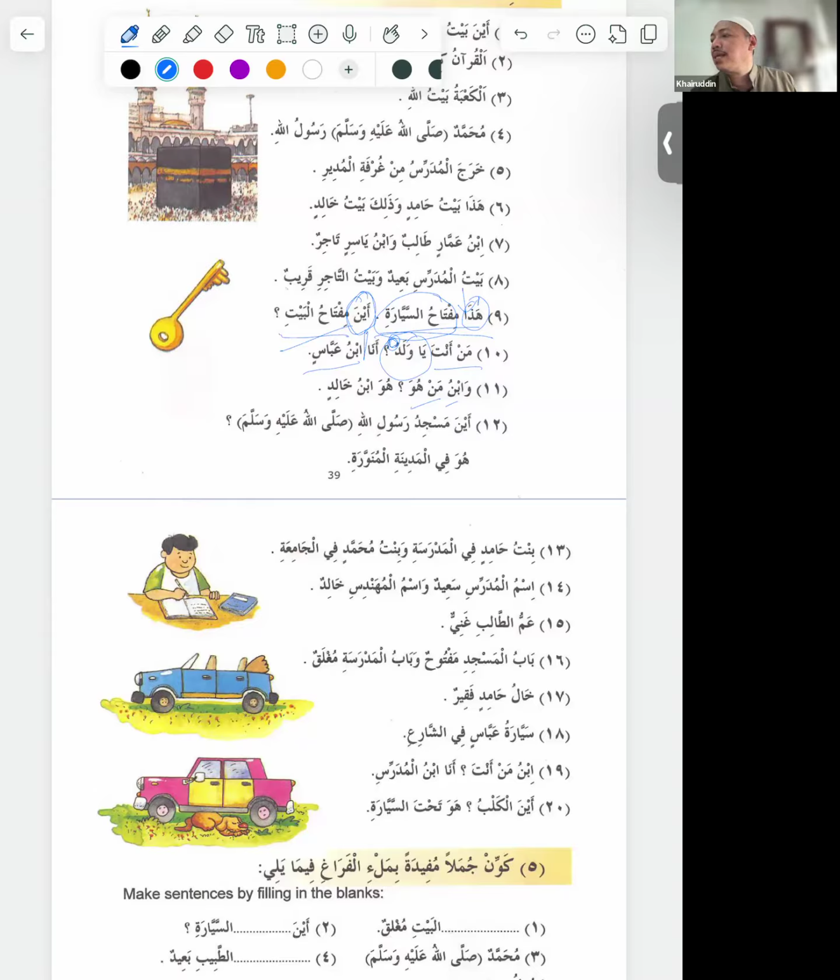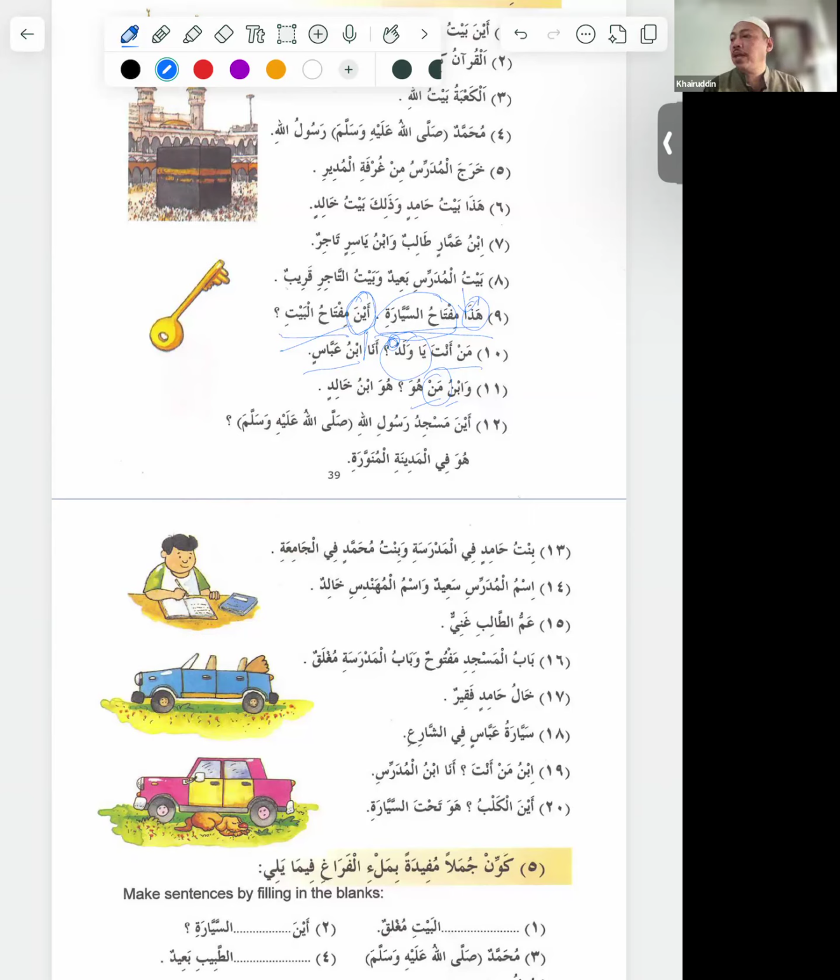But when you come to Ibnu Man, he is trying to tell you that even if we have an interrogative noun, man, who, it is still in mudaf ilay form. How?